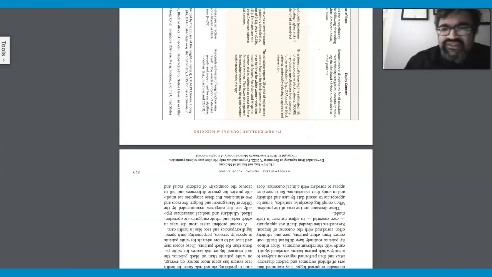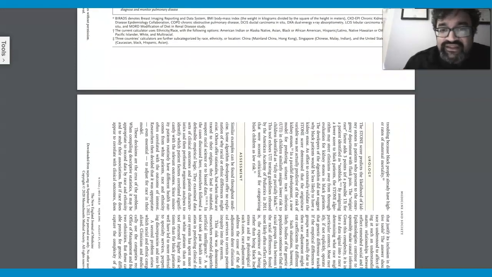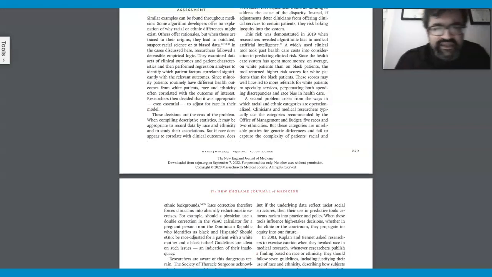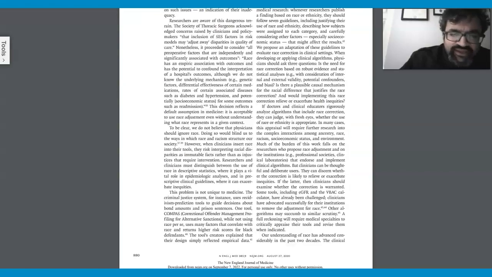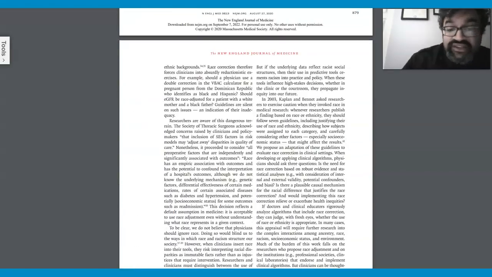And as you can see, there are a lot of considerations to think about when you look at risk scoring. It's not something that contains only a few factors. And just going through this discussion a little bit, researchers are aware of dangerous terrain.